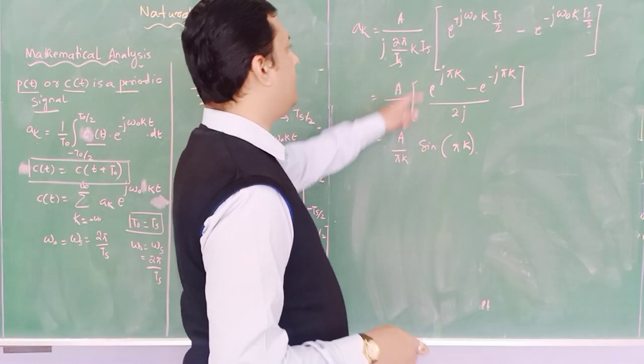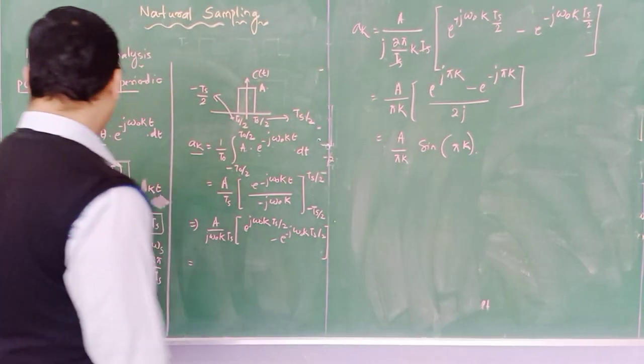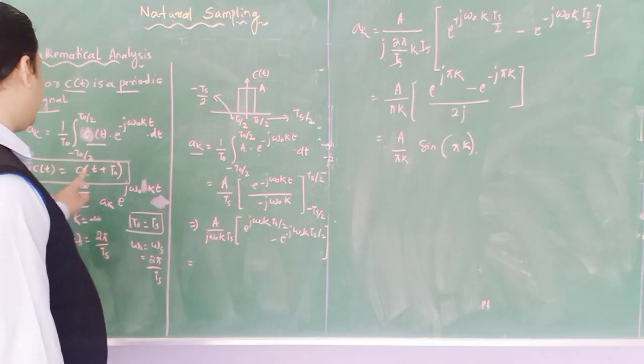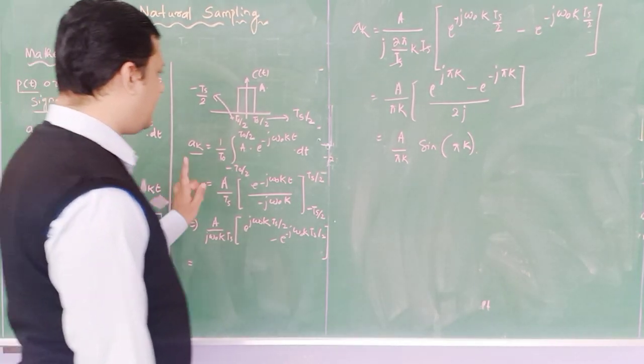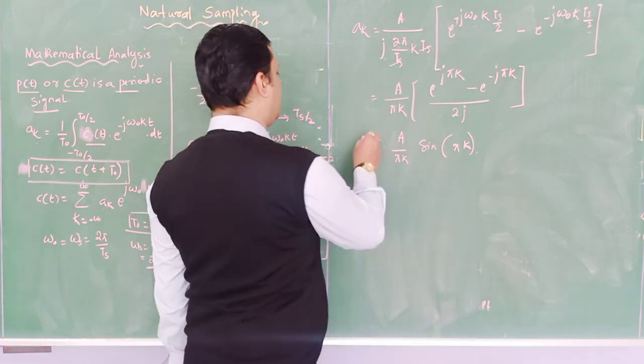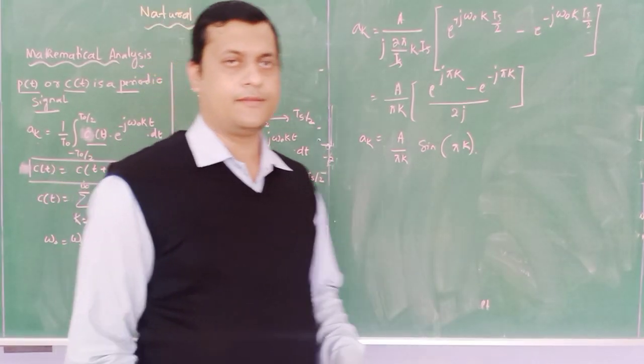Okay, because this k and ts have been eliminated, and the k value is from minus infinity to infinity, that I have substituted, and the integration we have done. So your ak coefficient is this much. Okay.